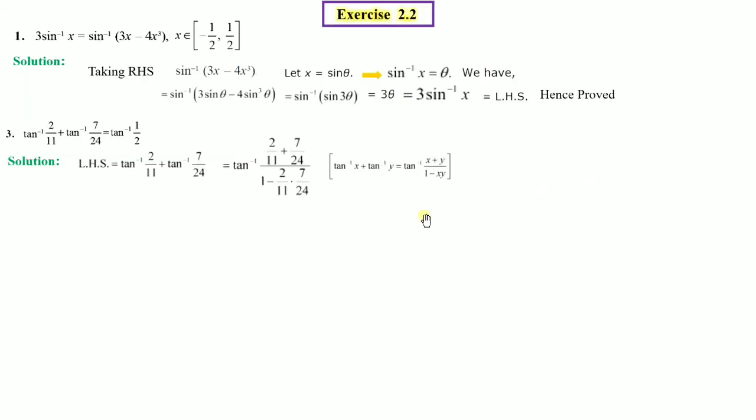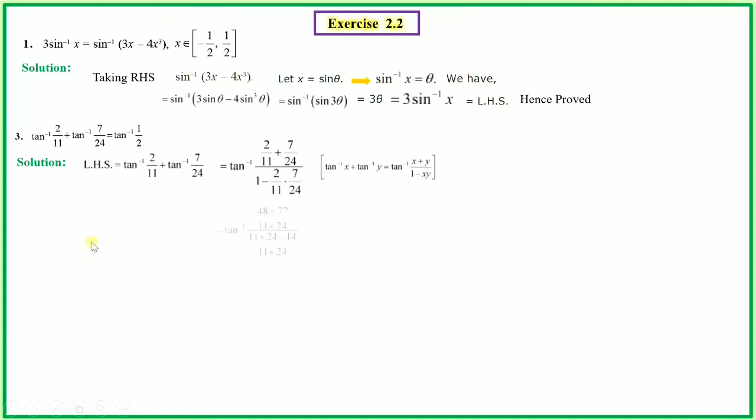7 upon 24. So the next step is taking LCM. Tan inverse of 11 into 24 on numerator and denominator; 11 into 24 minus 14 and 24 into 2, 48, plus 11 sevens, 77.